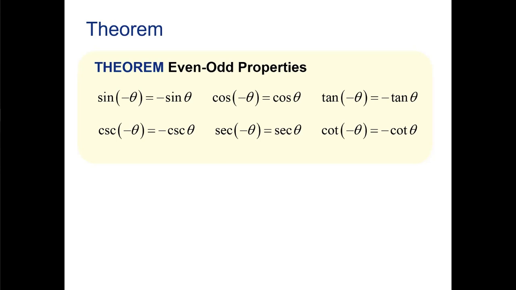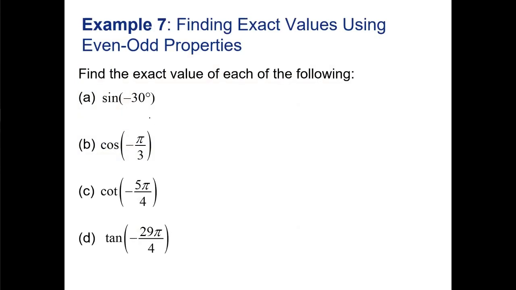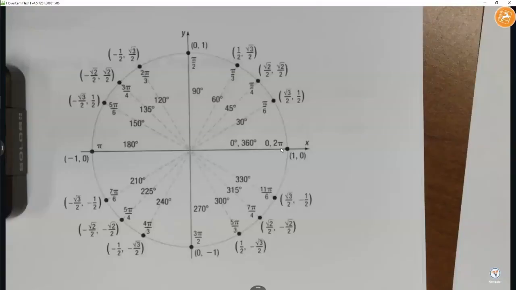Okay, so let's use these. All right, if I want the sine of negative 30 degrees, I know that that's equivalent to negative of the sine of 30 degrees. If you're getting pretty used to this by now and you can do them off the top of your head, that's good. So the sine here would be 1/2.